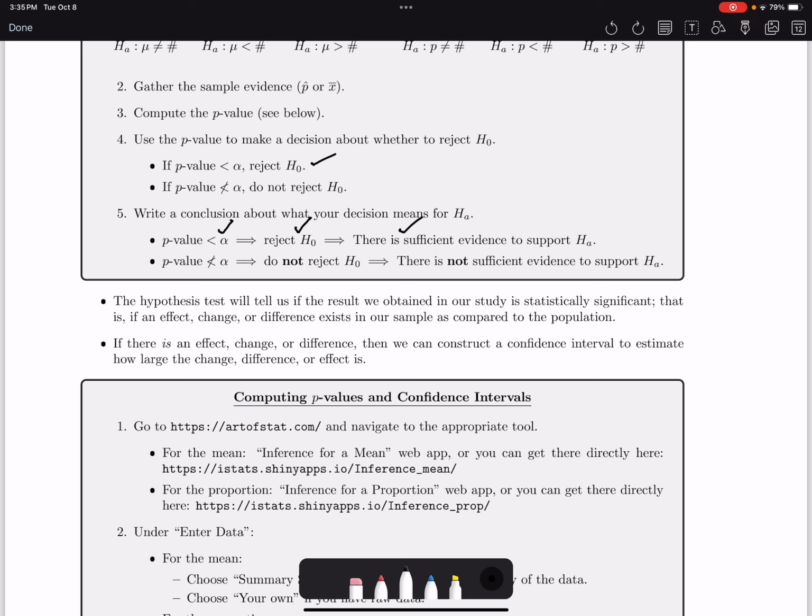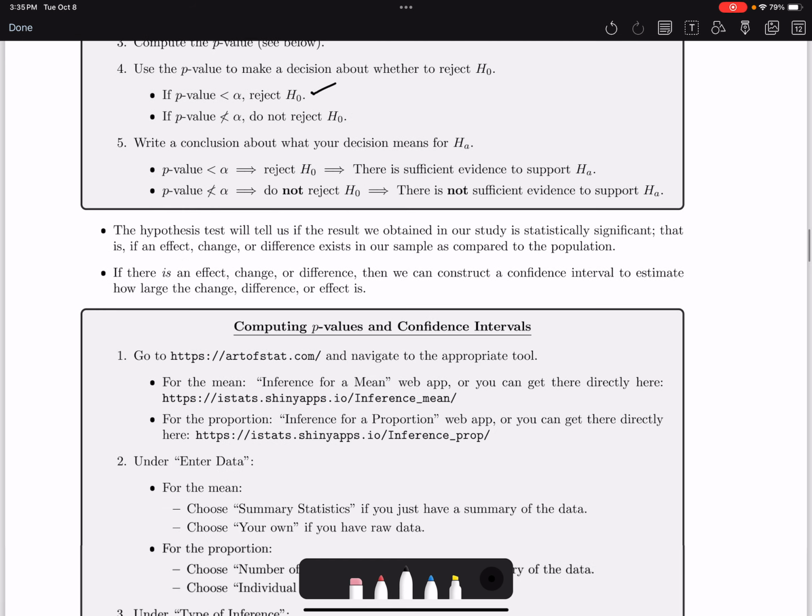Whereas if the p-value is not less than alpha, then we do not reject the null, and so there's not sufficient evidence to support the alternative. It's always that way with hypothesis testing. There's never any mixing and matching.